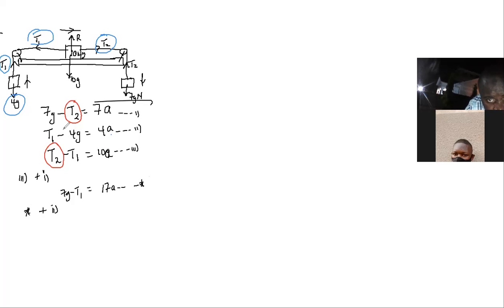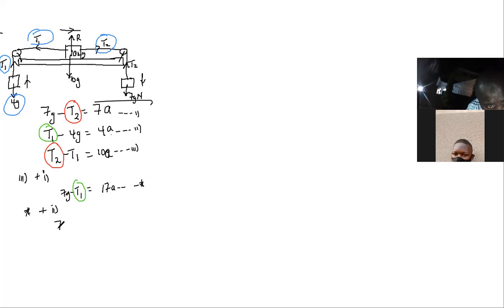I add equation star to Roman 2 so that I can have this T1 added to this T1 to eliminate the T1s also. When I eliminate those T1s, others can use the substitution method: you make T1 the subject and drop it there.